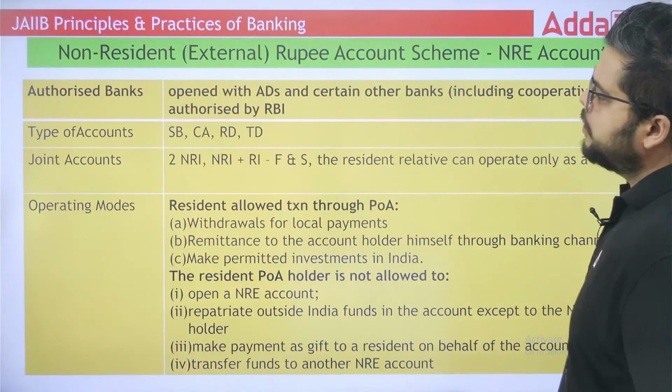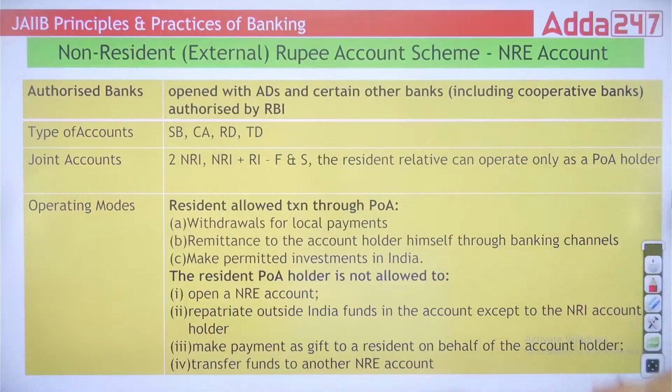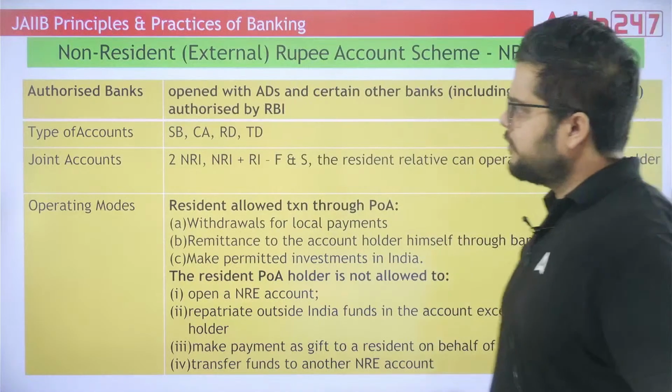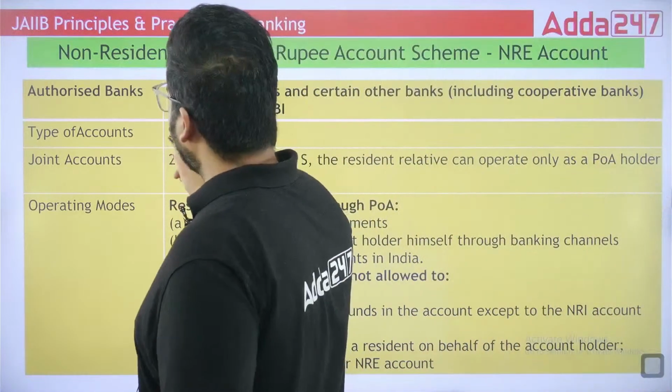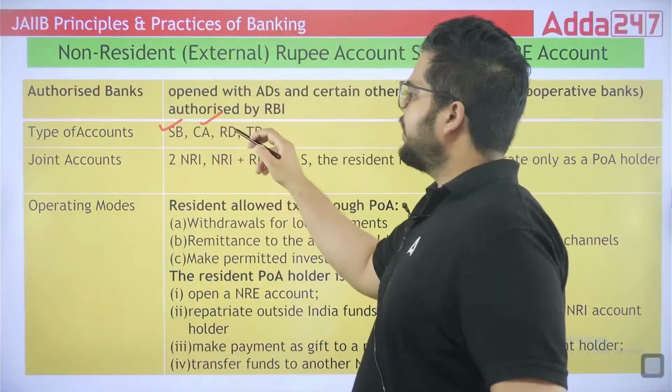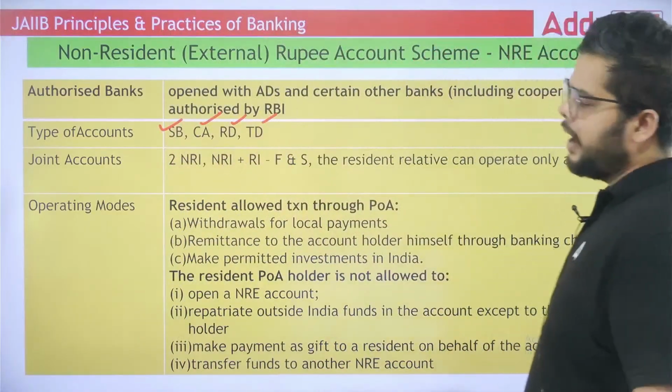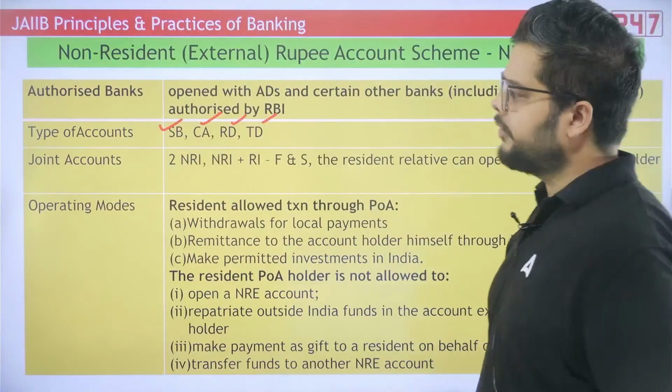When we talk about further elaboration of the non-resident external or NRE account, you will find the same things we have just discussed: the types of accounts will be savings bank, current account, RD, or term deposit.